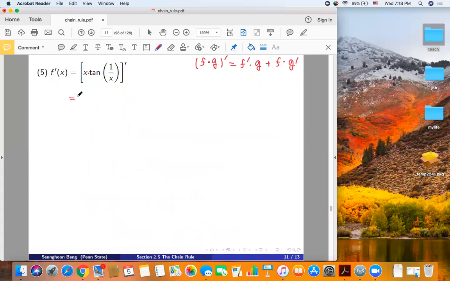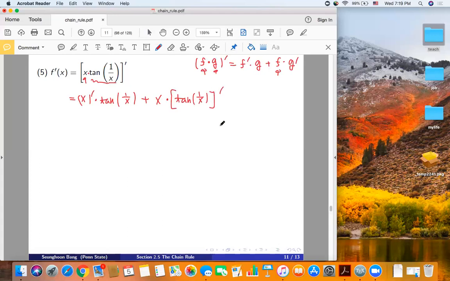Here x is f, and tangent of 1 over x is g. So we have x prime times tangent of 1 over x plus x times the derivative of tangent of 1 over x.